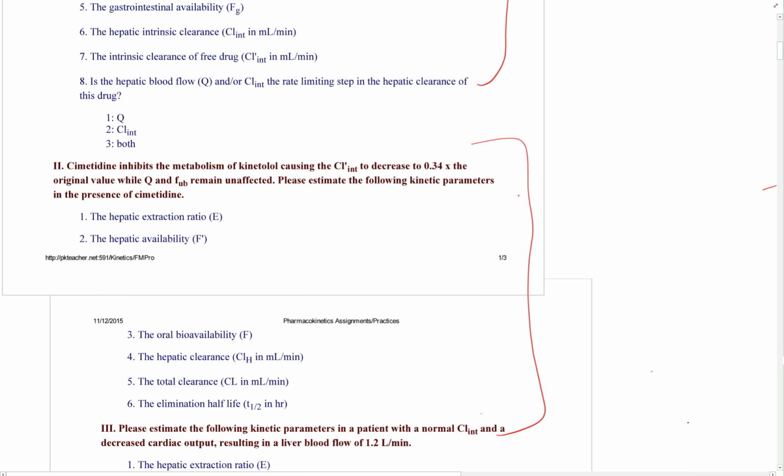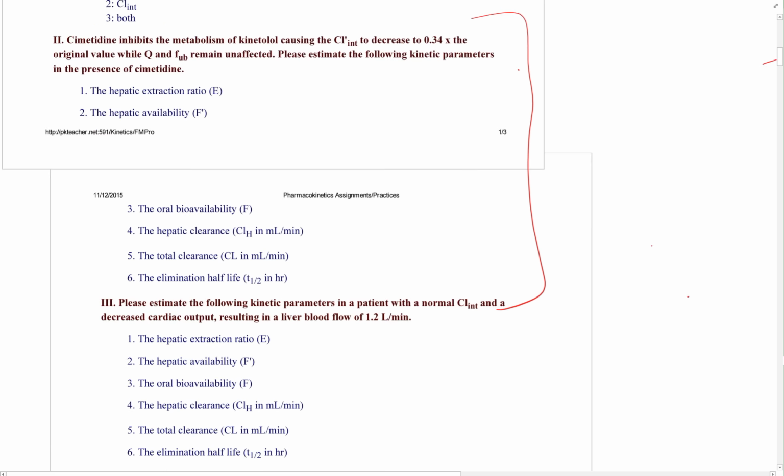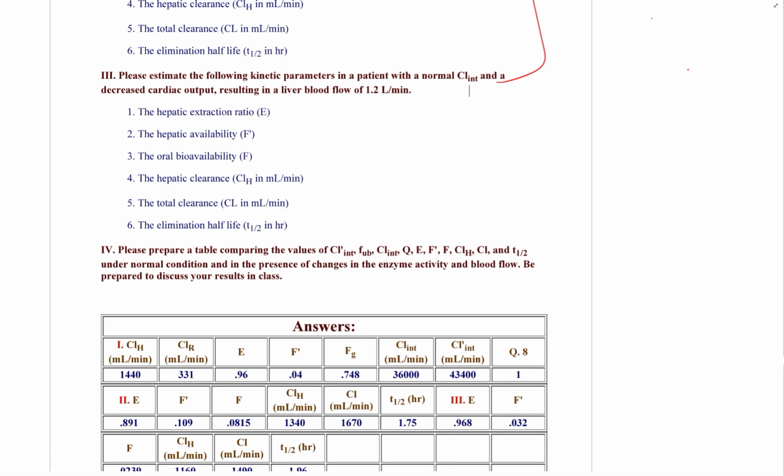That means anything that affects metabolism of the drug will affect the hepatic clearance. Here it is showing that when blood flow changes, liver blood flow changes, how it is going to affect the hepatic clearance.